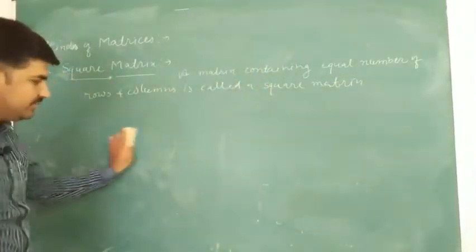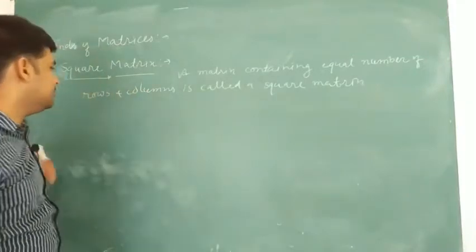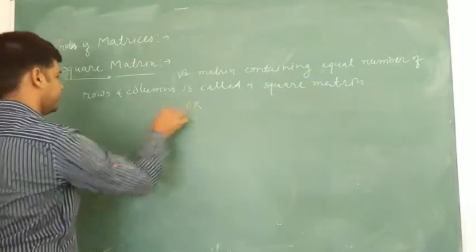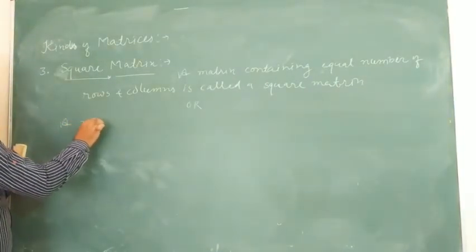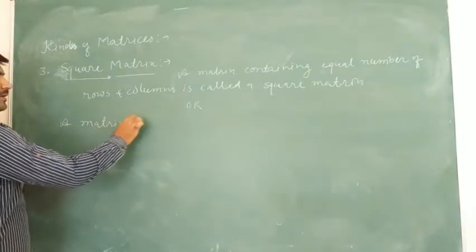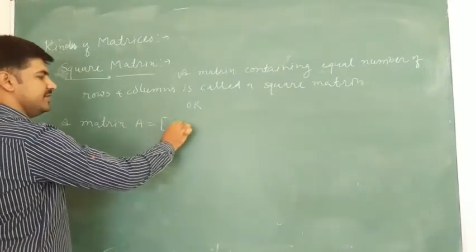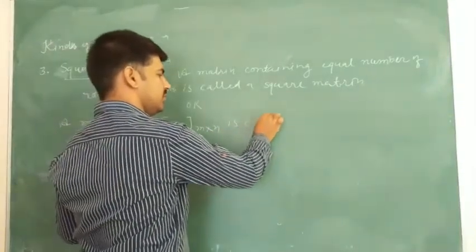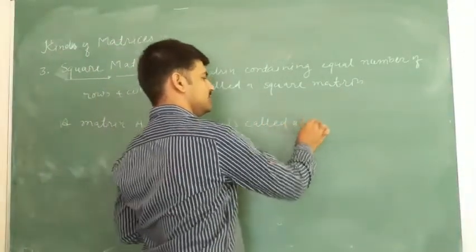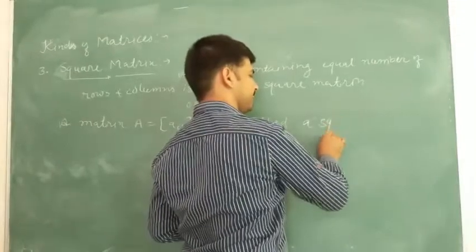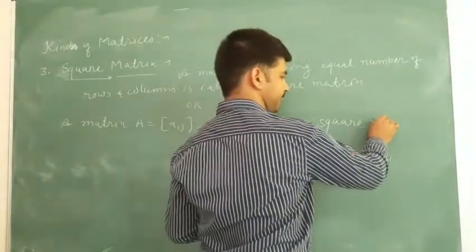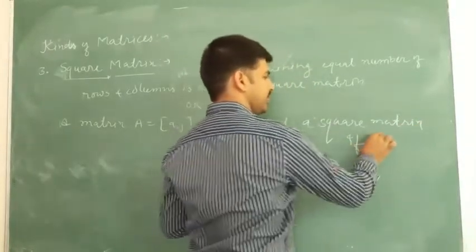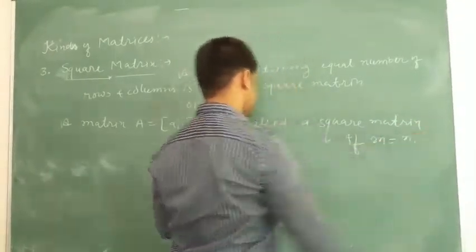A matrix with an equal number of rows and columns is said to be a square matrix. Or another definition: a matrix A is equal to Aij of order m by n is called a square matrix if m is equal to n.